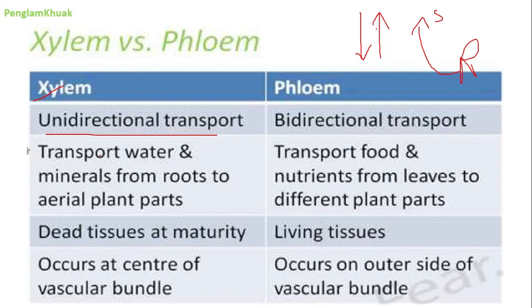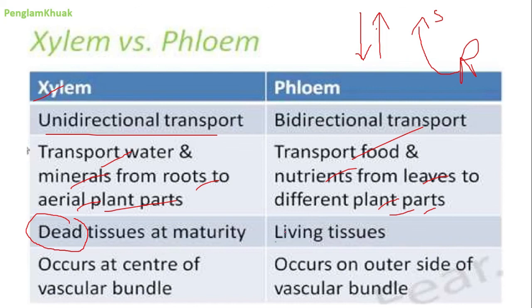Xylem transports water and minerals from roots to other parts of the plant. Phloem transports food and nutrients from the leaf to different parts of the plant. When they attain maturity, xylem cells are dead. Xylem is the woody portion, the timber of the plants.